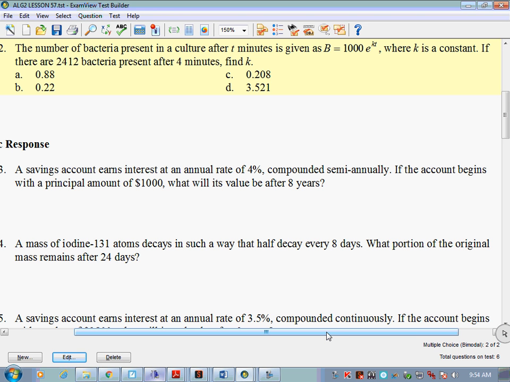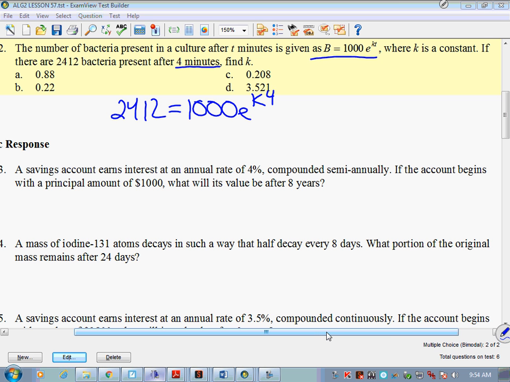Sometimes this is a little different in your book versus mine, but this is what I get. Taking this formula for B, I'm going to start off with 2,412 bacteria. And that's going to equal 1,000 e to the k times t, where t is time in minutes. So I have 4 minutes there.